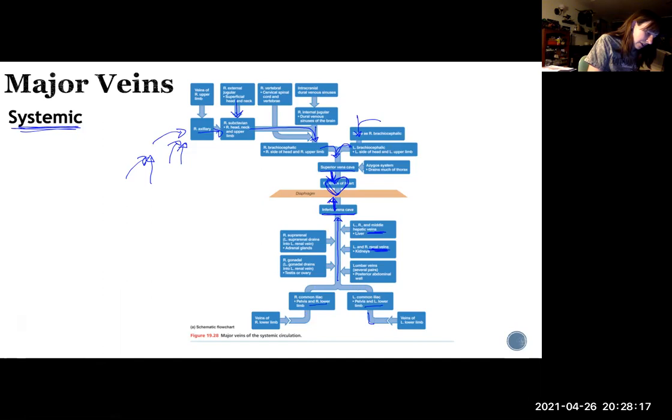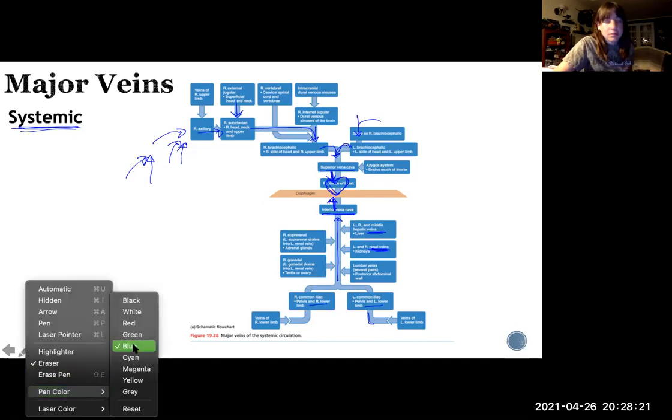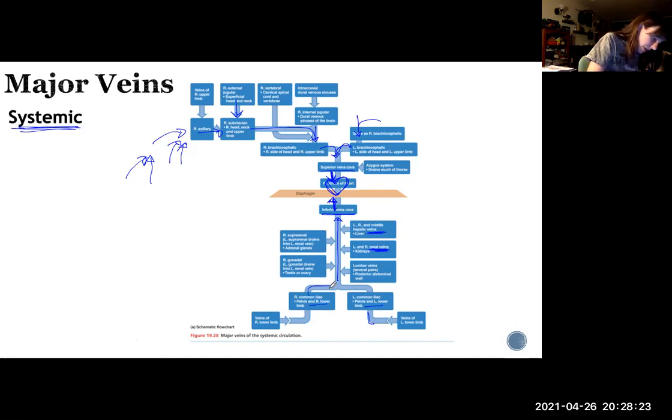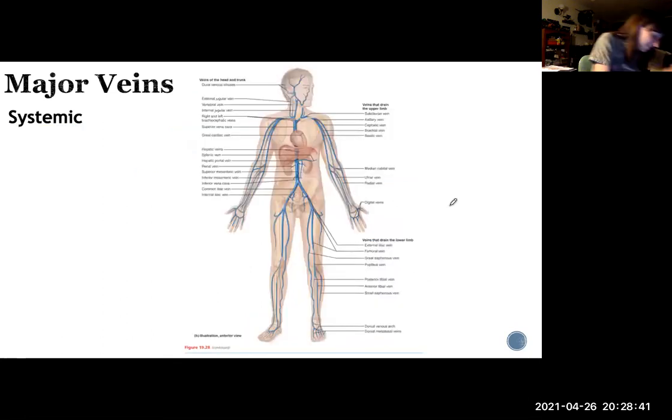My brain is starting to go. Okay, so the common iliac veins converge to form the inferior vena cava. Those common iliac veins come from the external iliac vein, which comes from the femoral vein, which comes from the popliteal vein, which comes from your tibial and fibular veins.